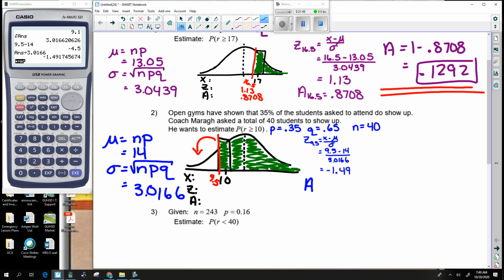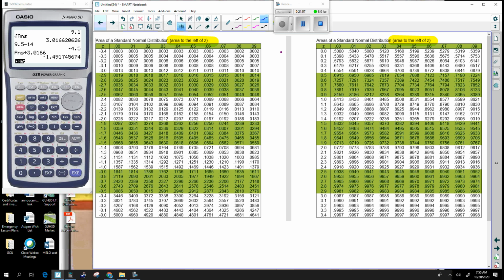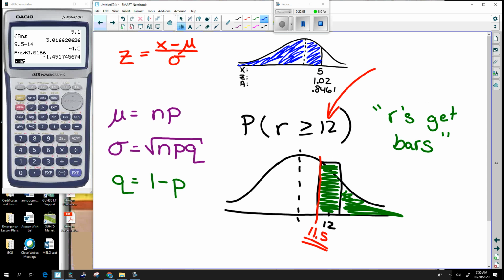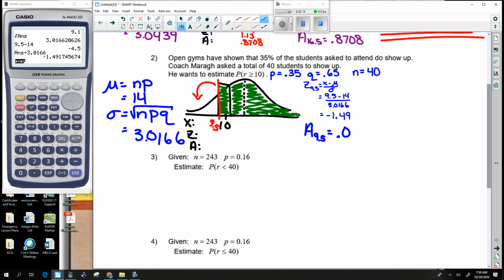And so that implies the area to the left of 9.5, negative 1.49, is 0.681. Okay, that is the area to the left. So this is the 0.681 that they speak of.